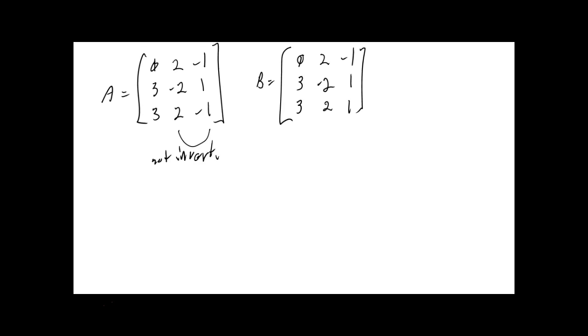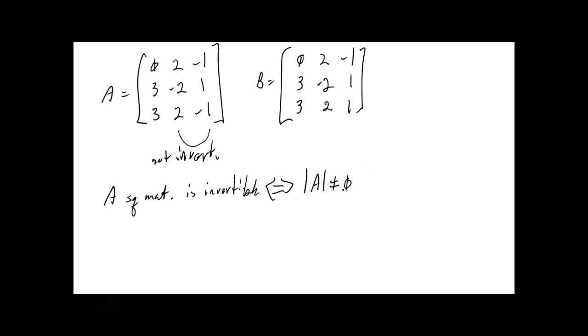Okay? The next theorem shows that the determinants are useful for classifying square matrices as invertible or non-invertible. And it seems like we've already done this, but we'll do it again. And here's what theorem 3.7 says. A square matrix A is invertible if and only if, I like that symbol for if and only if, the determinant of A is not equal to 0.